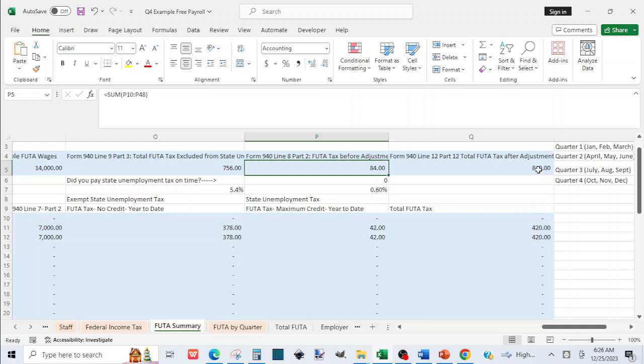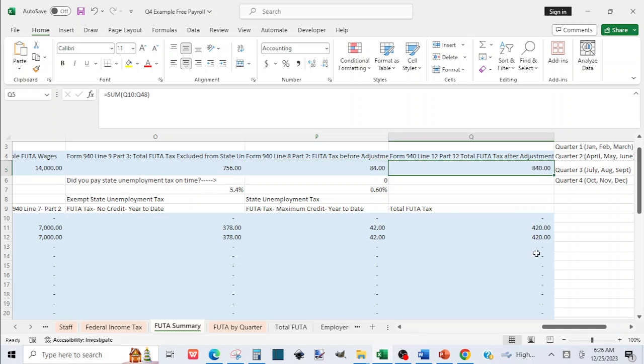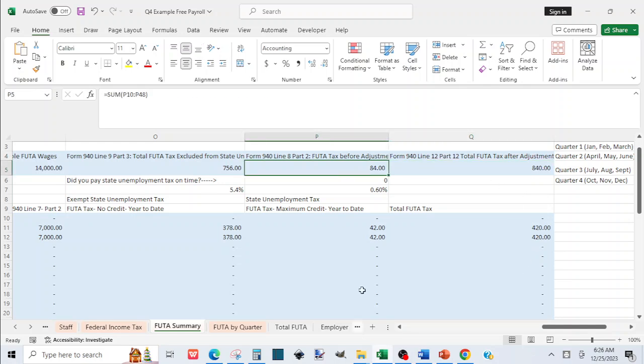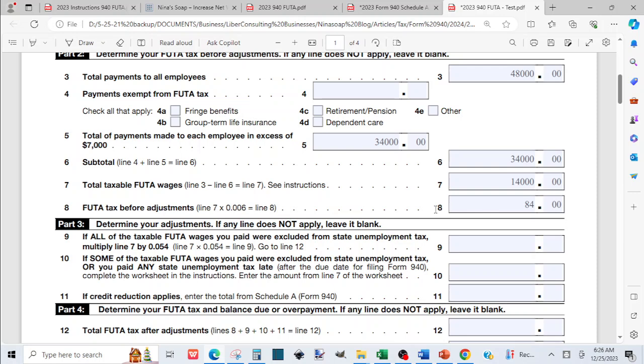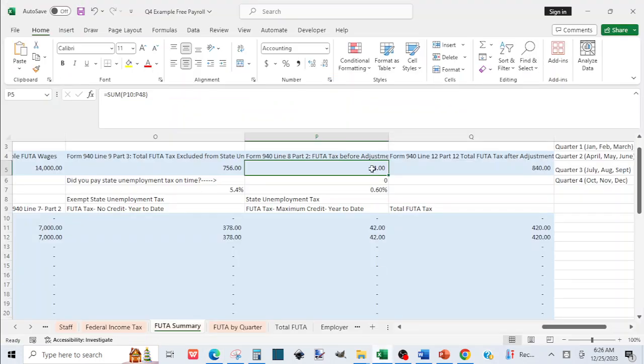You do not use this total column when we get to line 12. Okay, so I'm going to leave it like this for now, and we will go back. So line 84, like the way we have it on this column.